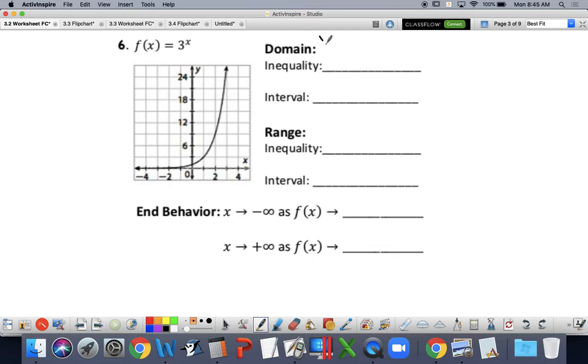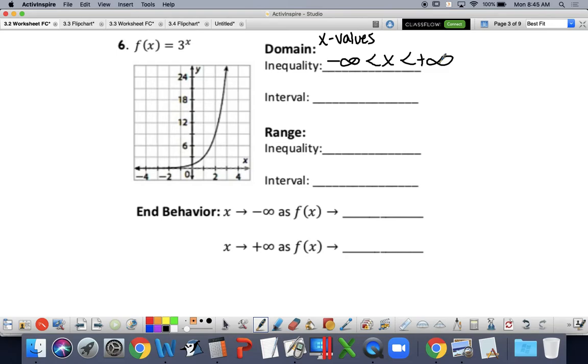Domain is all your possible x values. So what can I plug in for x into this equation? I don't know if I got this right, but negative infinity? Yes. I can plug in anything I want in for x. And so the way I show anything I want, I go from negative infinity up to positive infinity, and that's inequality notation.